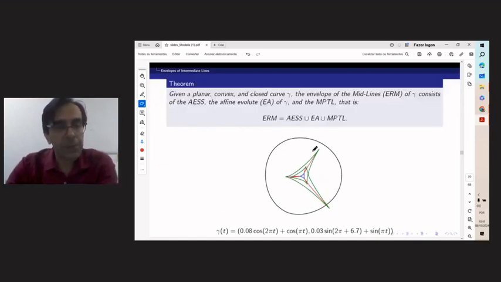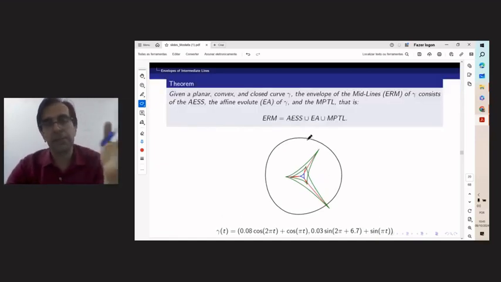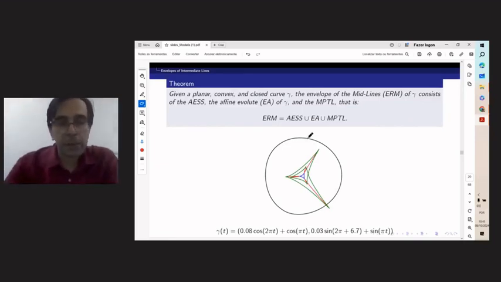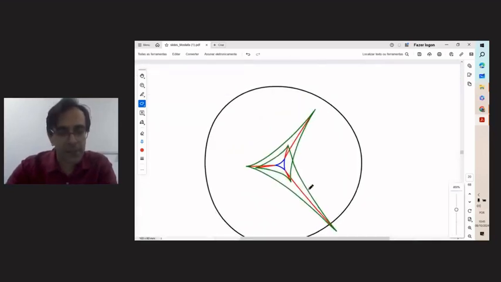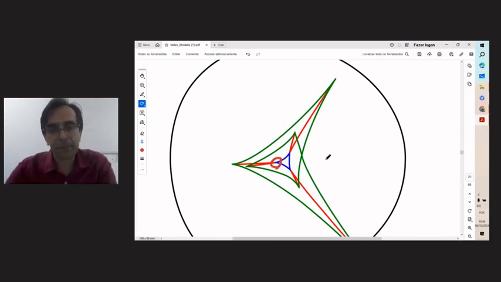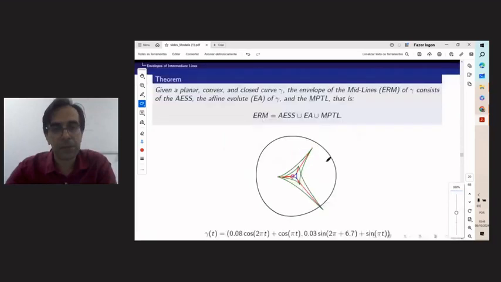Well, there is a theorem that says that in this case, the envelope of midlines is actually the union of these three sets. And the interesting thing here is that these sets connect at singularities, so everything is very nice in this case.